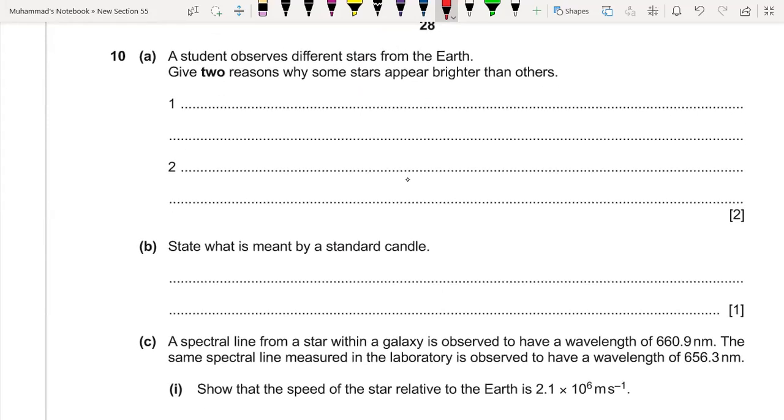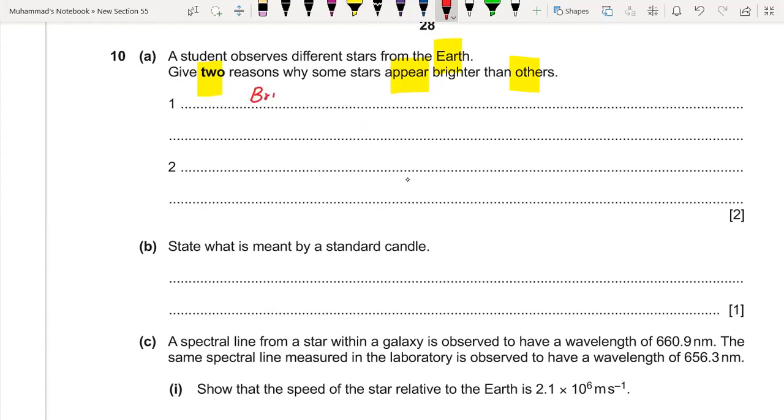Question 10, the last question. A student observed different stars from the Earth. Give two reasons why some stars appear brighter than others. So the student is observing stars, and we have to find the reasons why some stars appear brighter.